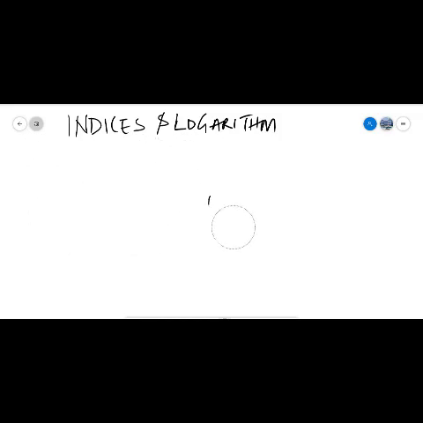Okay, let's look at the laws of logarithm. Just like we have the laws of indices, we have laws guiding logarithm. Now remember that when we're treating indices, we have indices and then we have logarithm.